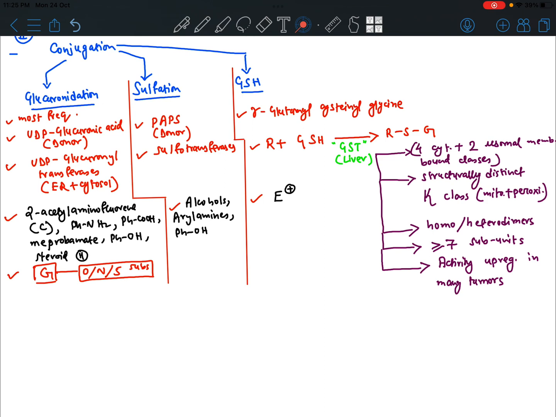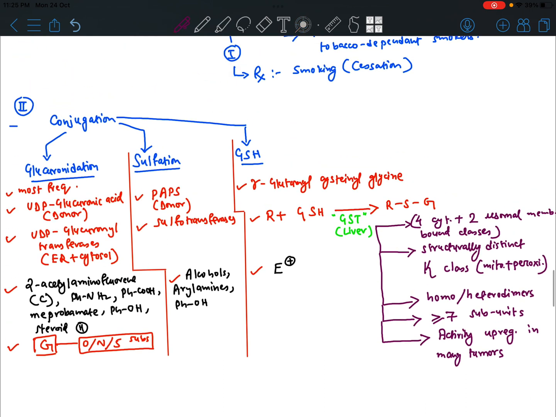Or you can say they can lead to chemotherapy resistance, because they will form a new type of thing. Chemotherapy resistance.